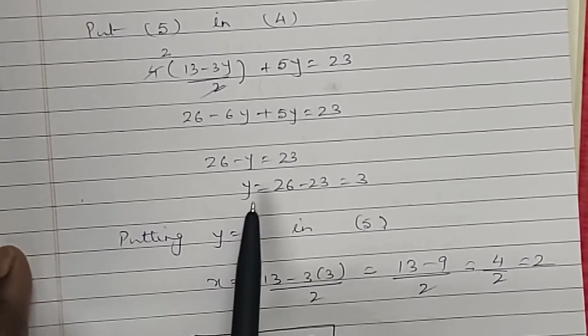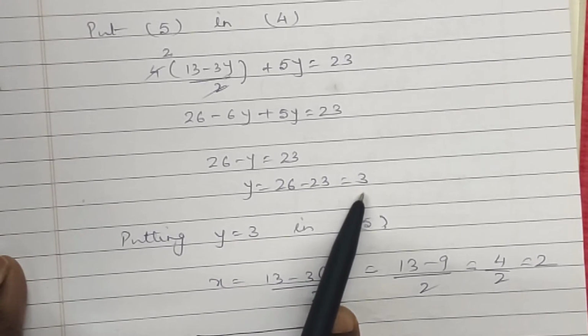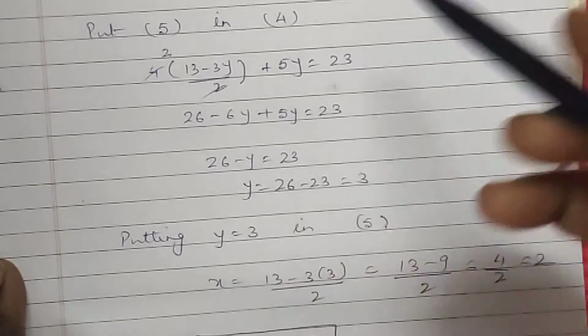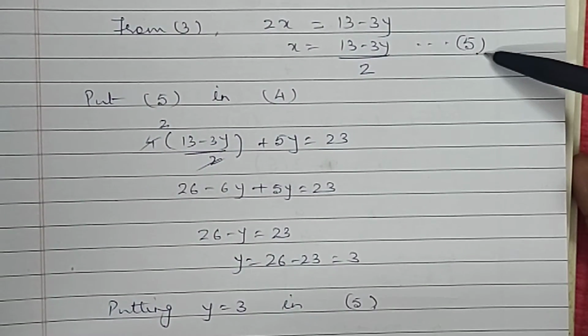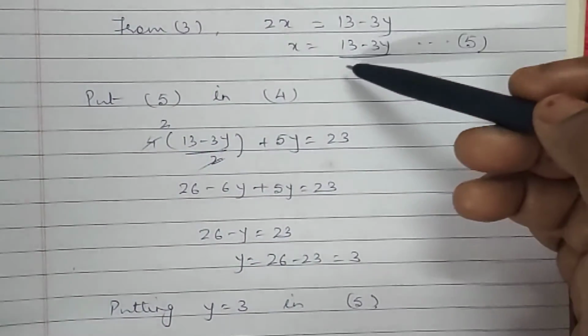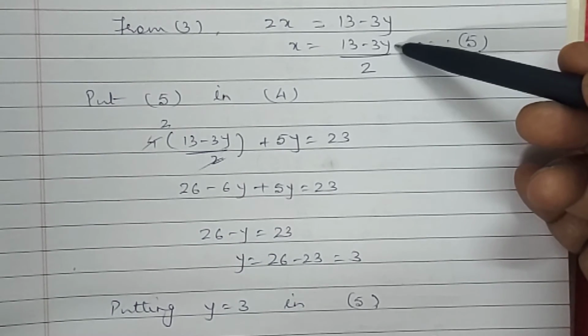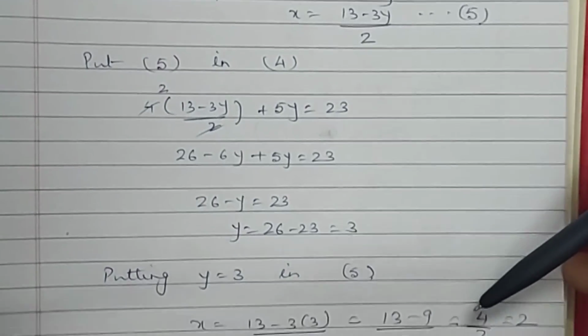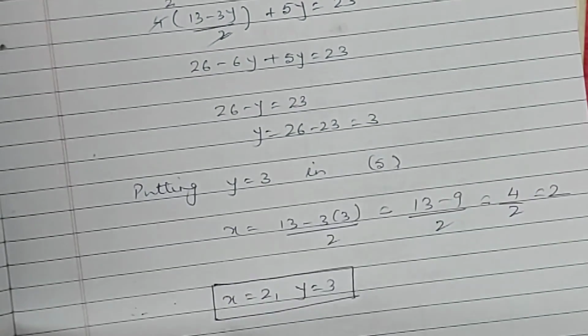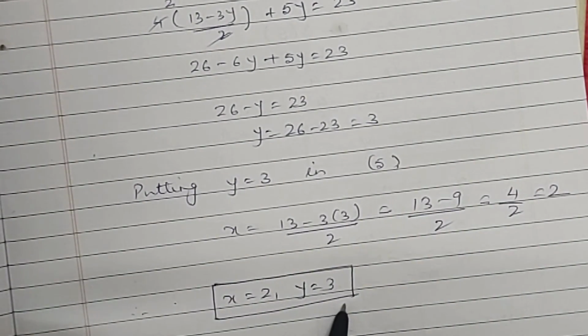Just go on solving, you will get y equals 3. Now putting y equals 3 in equation 5, that is (13 minus 3 into 3) by 2, that is (13 minus 9) by 2, or you will get 4 by 2, that is 2. So x equals 2, y equals 3.